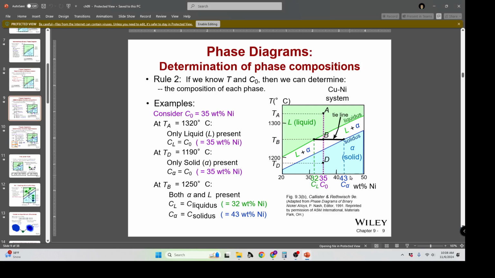So we draw our one tie line to the liquidus side. Liquid composition is 32%. Our other line draws across to the solidus line, and that tie line tells us we're about 43%. This is an estimation based on the fundamentals of ruler reading, which I assume you guys can grasp.